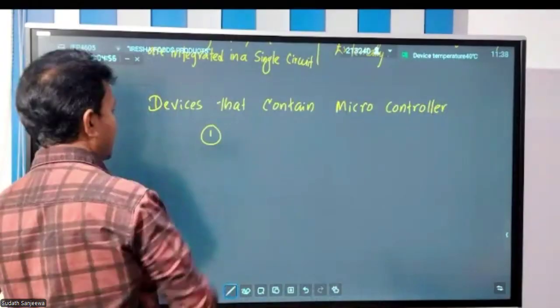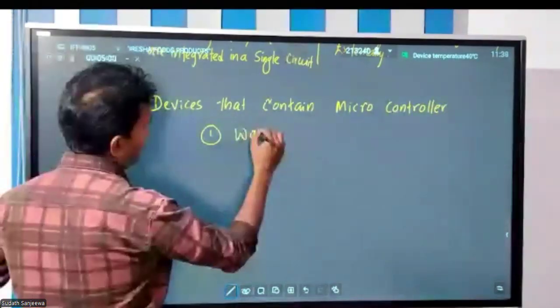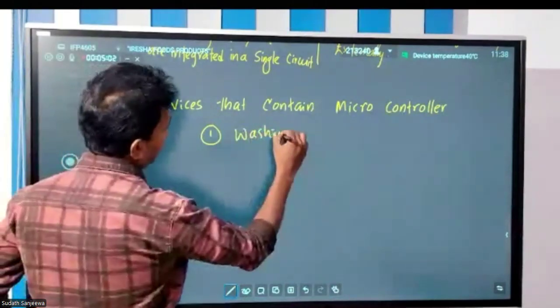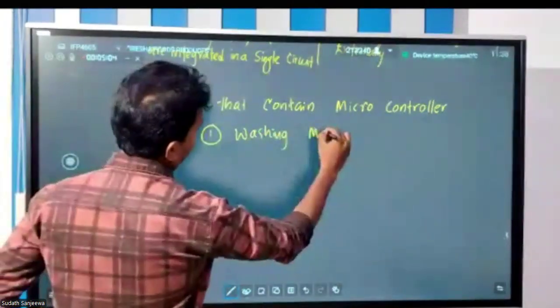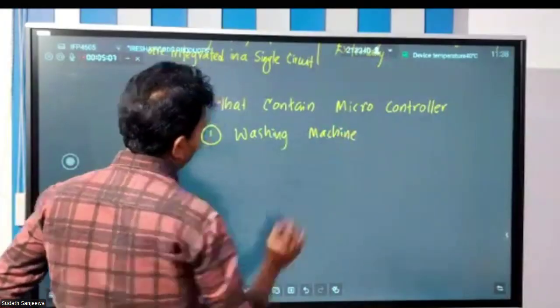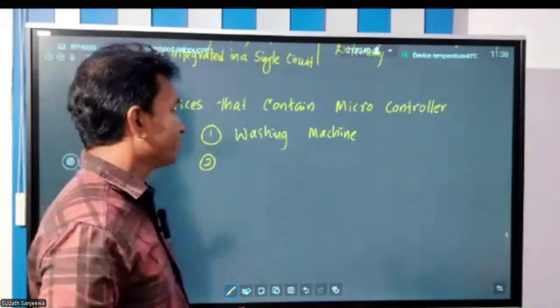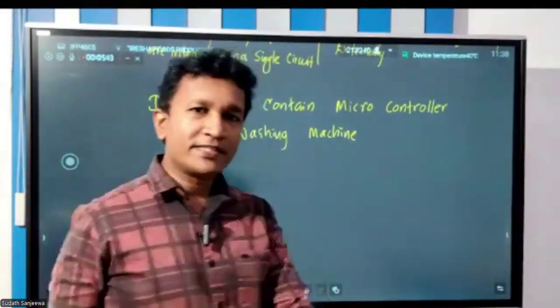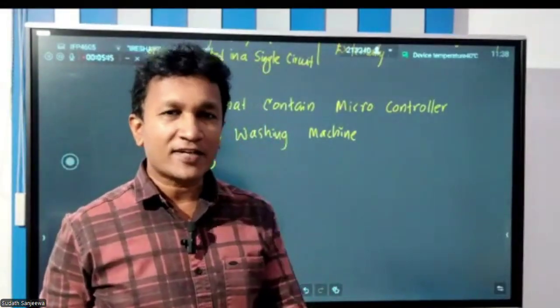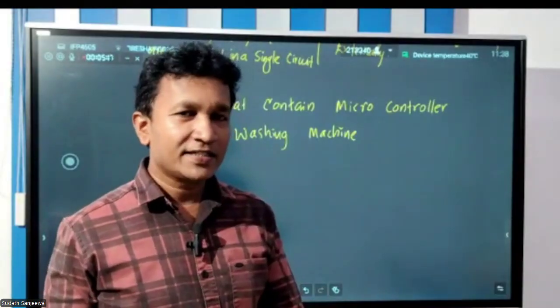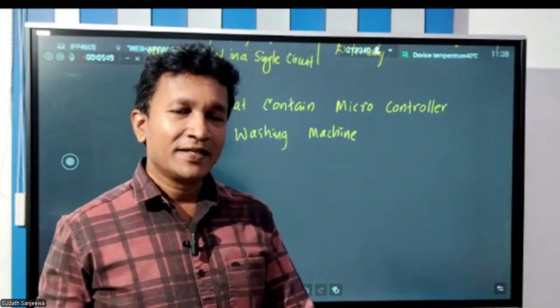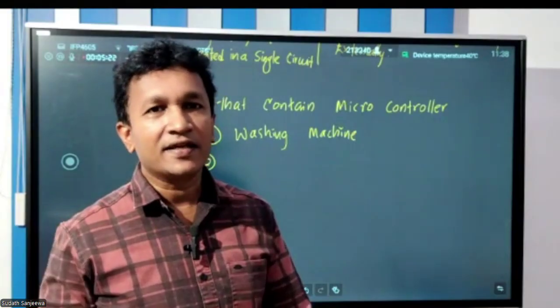So we know that in a washing machine, when you put the clothes and we give the instructions to wash it, it will automatically wash it and rinse it and do everything.